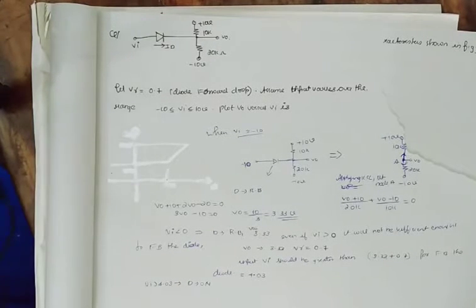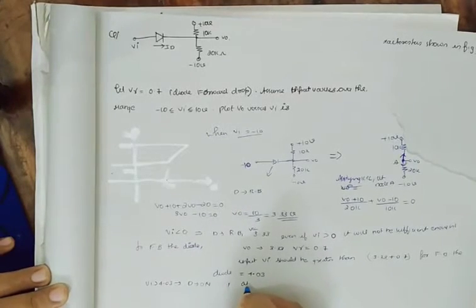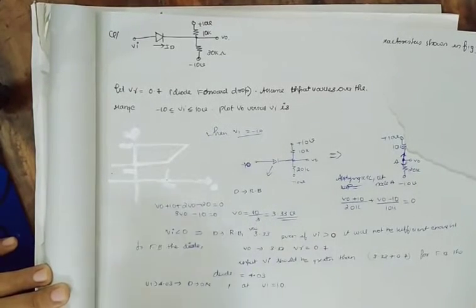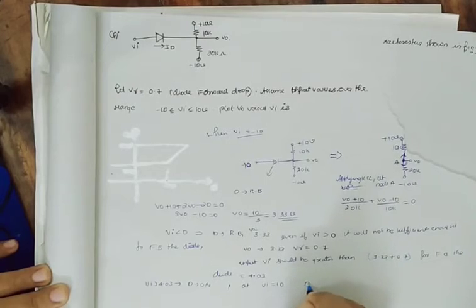And at last, at Vi equal to 10 volt, what happens? The diode is on, and what will be V0?